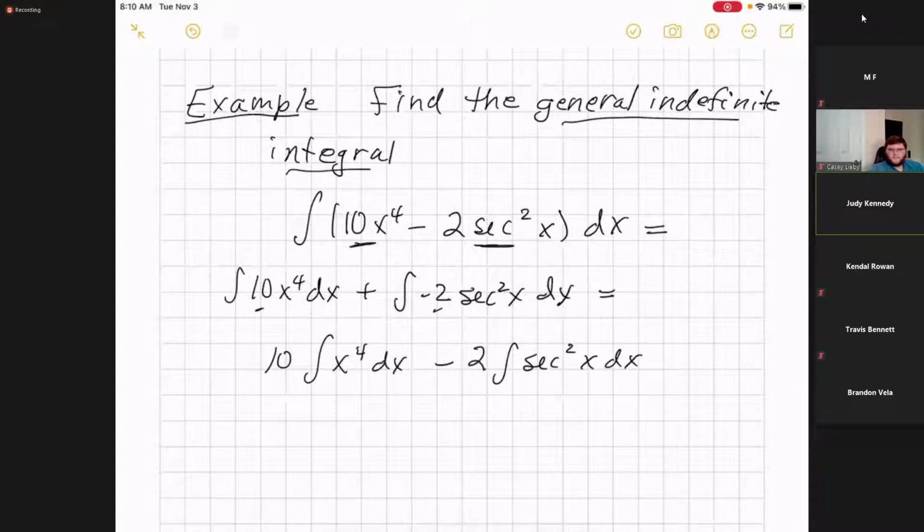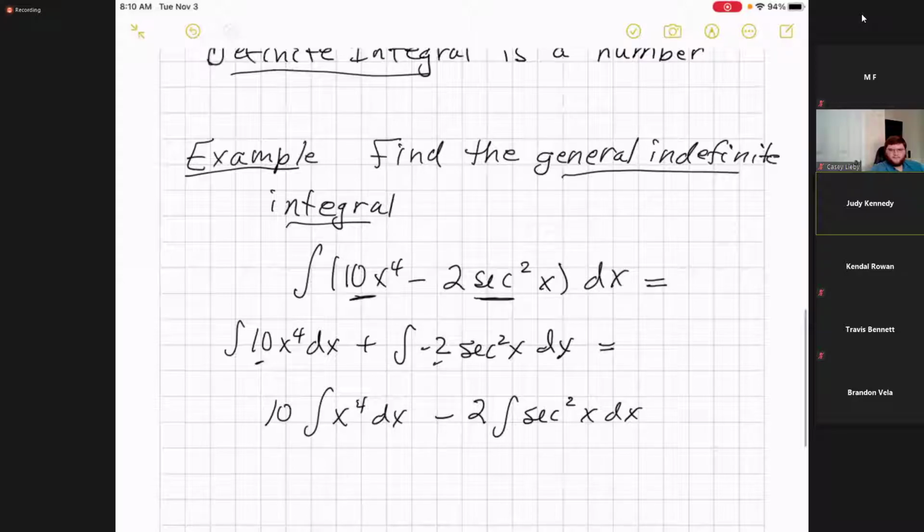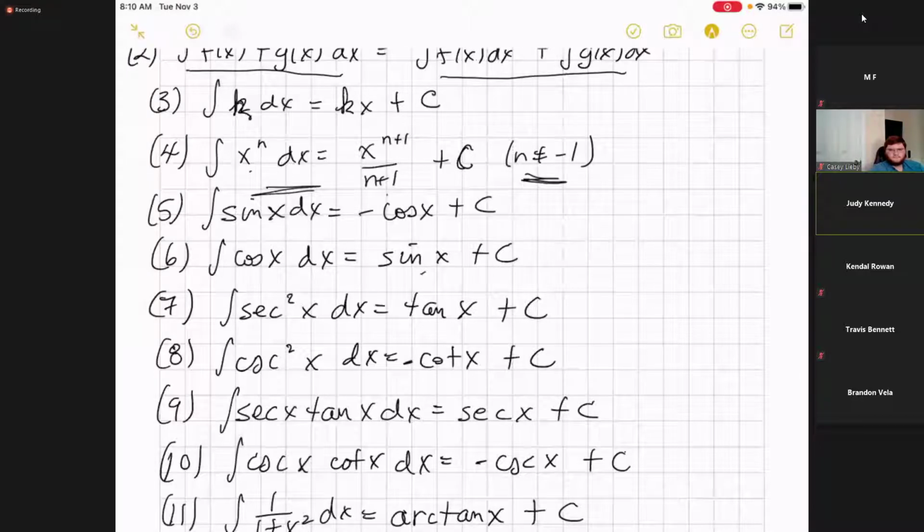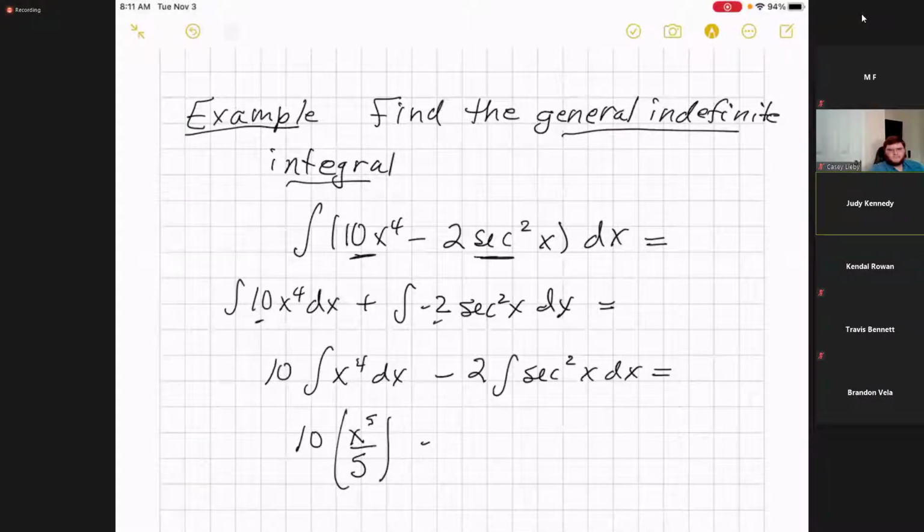Okay. Well, for x to the 4th, we can use this rule about the antiderivative of x to the n. This one right here. So this is going to be 10x to the 5th over 5, and then minus 2. The antiderivative of secant squared is the tangent of x, because the derivative of tangent x is secant squared.